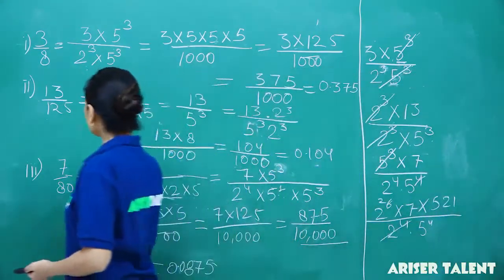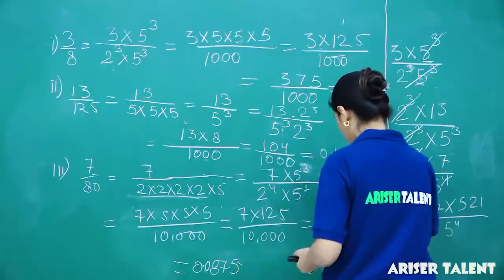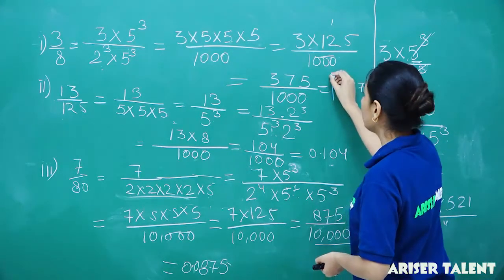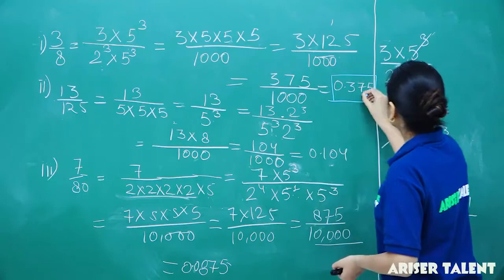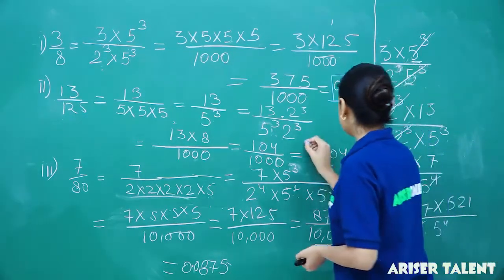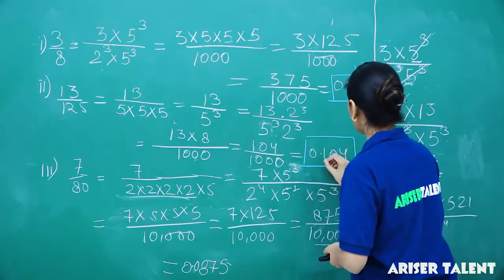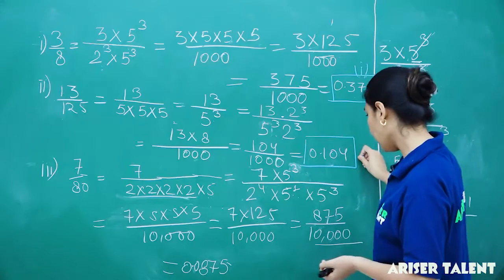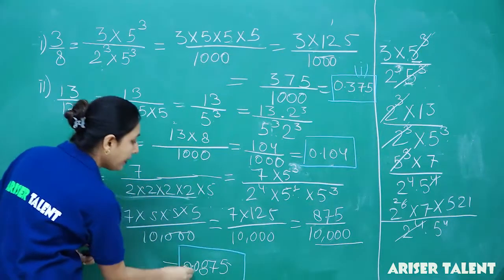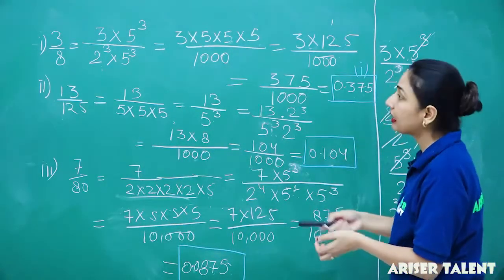Now, see that we are having the first fraction as 0.375, the second one as 0.104, then the third one as 0.0875. Now we will compare our answers.